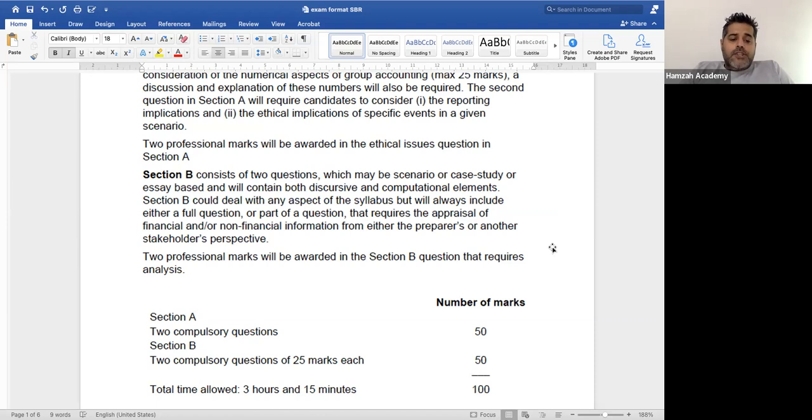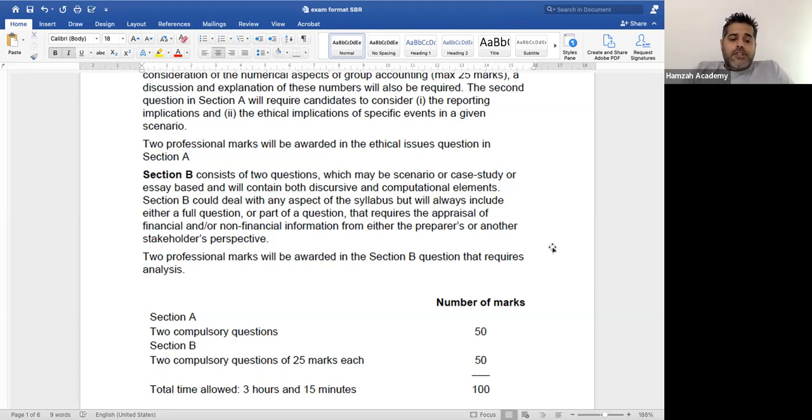In each and every part, you will be applying a new separate standard onto that specific scenario. And while applying that standard, you will be discussing what should be done according to a specific standard. Again, this is going to be a discussion based scenario.